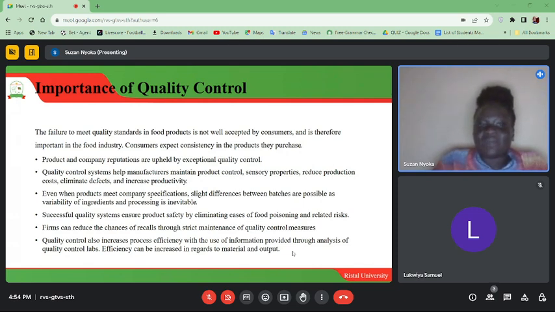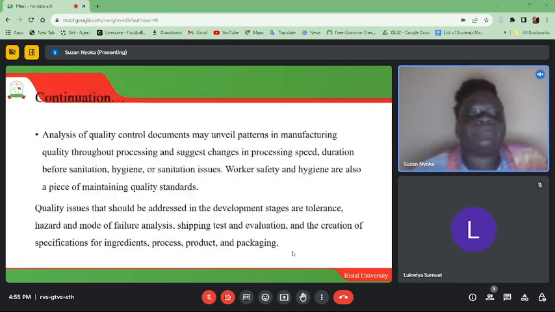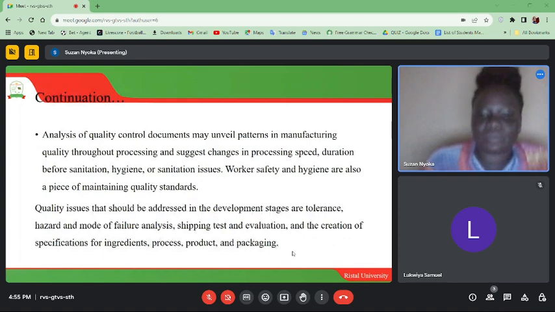And then firms can reduce the chances of recalls through strict maintenance of quality control measures. They reduce chances of recalls of foods, sending off your products and getting new ones or starting the whole process again. And then quality control also increases process efficiency with the use of information provided through analysis and quality control labs. Yeah, that's still about the importance of quality control.